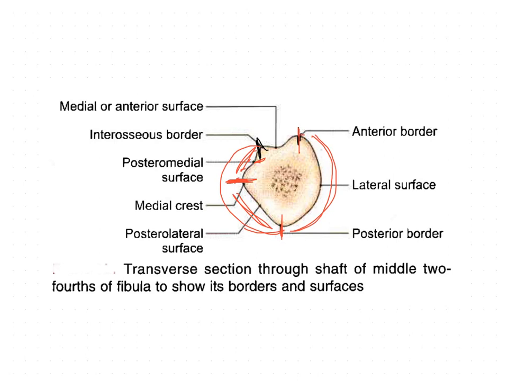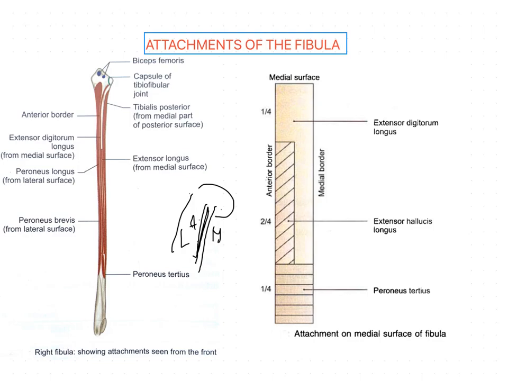Now we will see the muscle attachments on these surfaces. First we will move on to the medial surface. Here you can see the schematic representation of the medial surface. The medial surface is present between the anterior border and the medial or interosseous border.